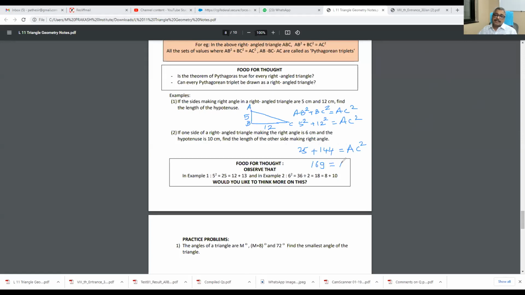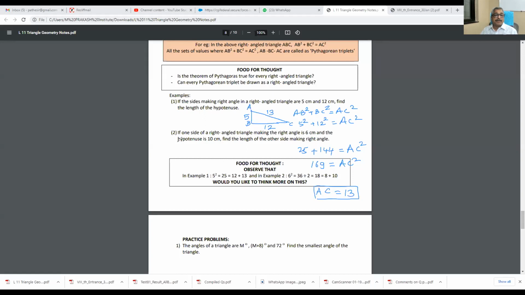And 169 happens to be perfect square of 13. Therefore, AC is equal to 13. So if two sides of right angle triangle are given, third side can be found out. In this case, it is 13.